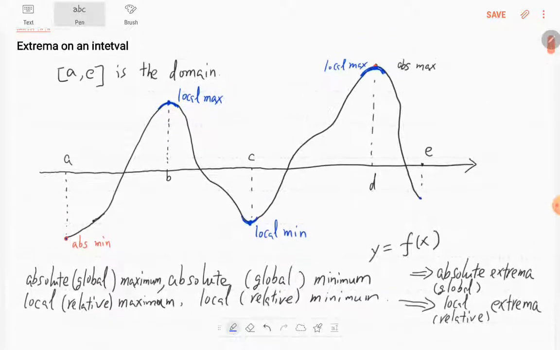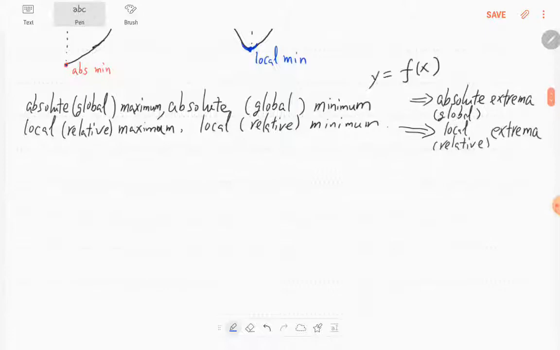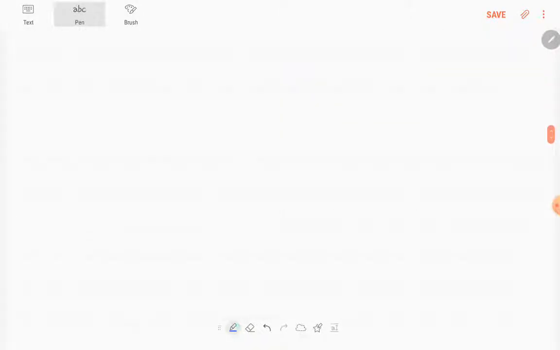So now, in this part, we will talk about how to locate the absolute maximum and absolute minimum on a closed interval for a continuous function. Before that, we will introduce a definition called a critical point. You will see this definition throughout this chapter. Now let's look at the definition.